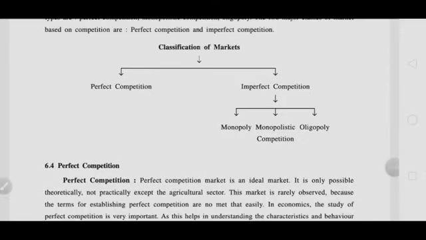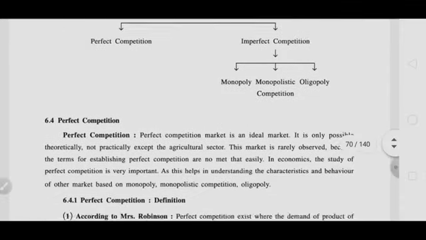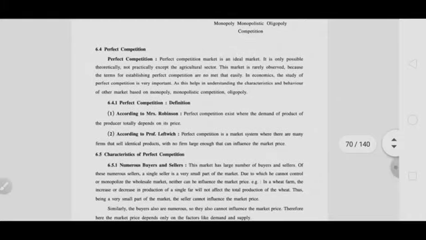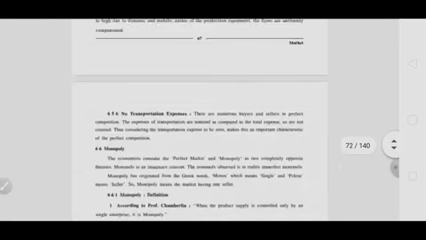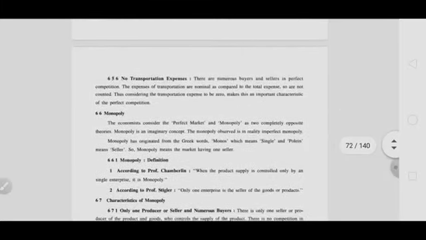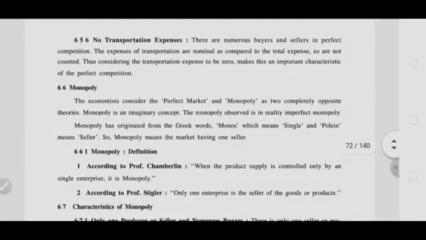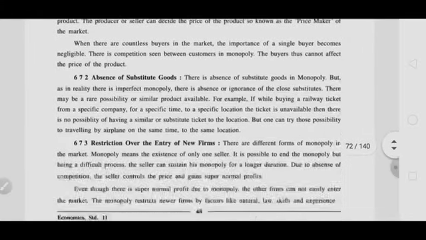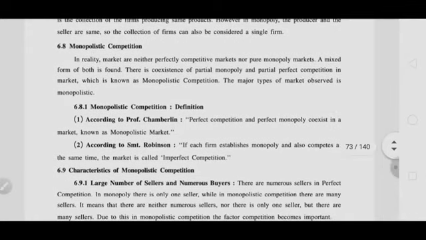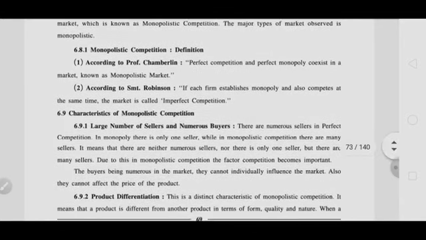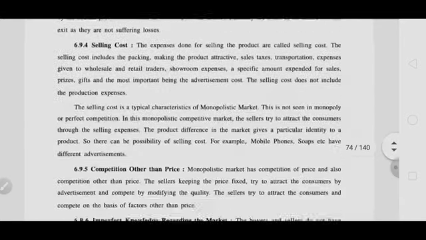We will discuss all these points in great detail, like perfect competition, its meaning and characteristics. Then the second point is monopoly, its definition and characteristics. Then we will have monopolistic competition, which is also part of imperfect competition, its definition and characteristics.